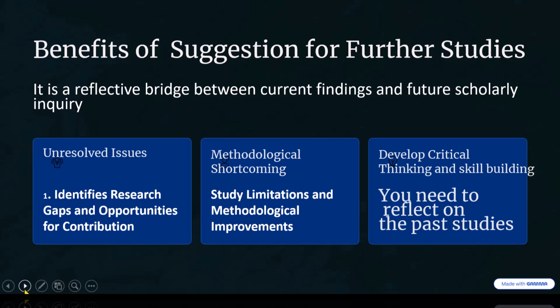So if you have an area where you want to solve a problem, the first thing is to look at the suggestions for further studies in that area for about 5 years, 2020 to 2025. Top research in top tier journals, and look at the things that they have identified as research gaps and opportunities.